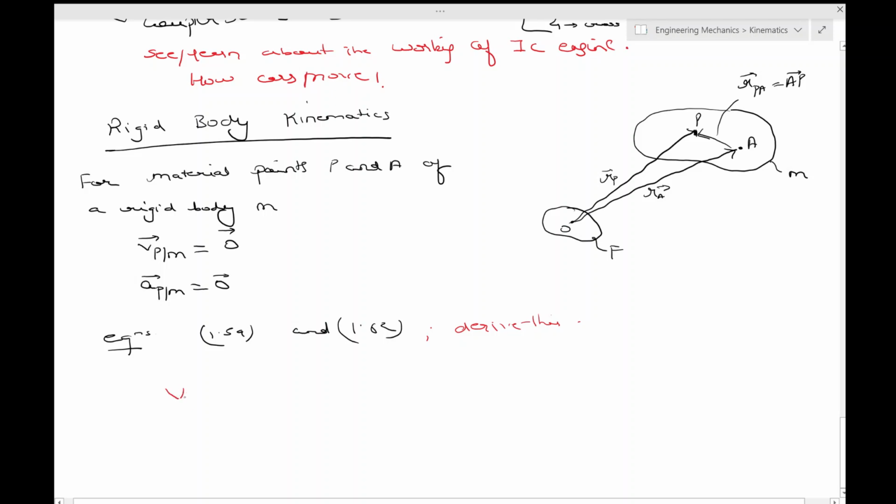So velocity of P with respect to F will be equal to velocity of A with respect to F plus omega cross RPA.